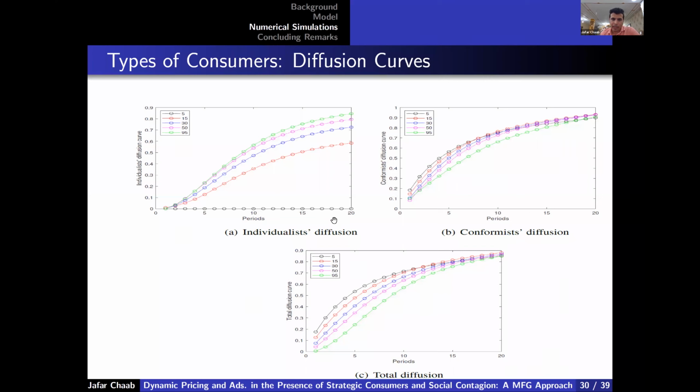For example, for the individualists, we can see that the final penetration, as well as the speed of diffusion, decreases as the market becomes replete with conformists. And in the top right panel, we can see that the speed of diffusion of conformists declines when the market becomes mainly populated with individualists.